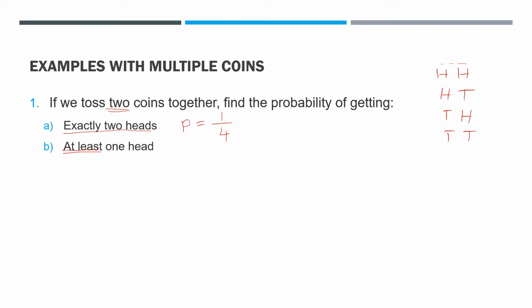This one has two heads, so this is favorable. One heads, favorable. One heads, favorable. This has no heads, not favorable. So how many outcomes are favorable? 3. So the probability of at least one head, P, equals 3 outcomes favorable out of a total of 4 outcomes. So we have solved two example problems about tossing two coins together.